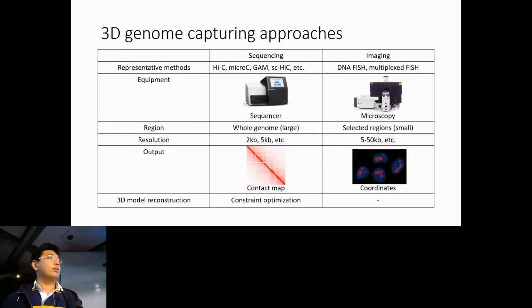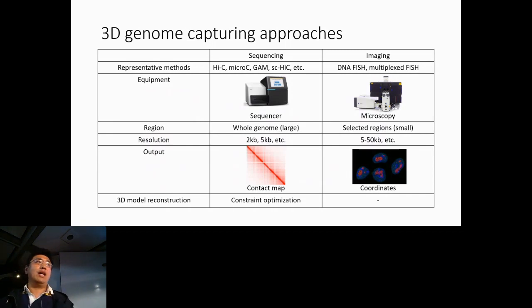The other, more widely used approach is that we can use a sequencer to facilitate the analysis. In this category, the most widely used approach, I believe, is the Hi-C experiment. In a Hi-C experiment, we can capture the 3D genome structures at the whole-genome level and at very high resolution.